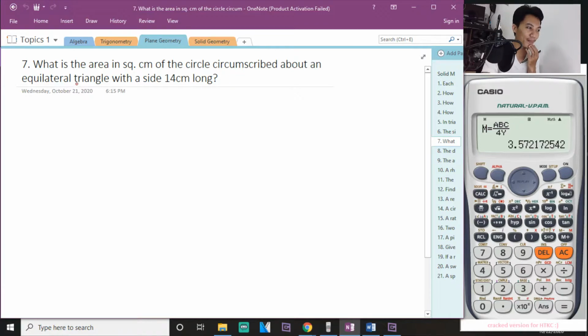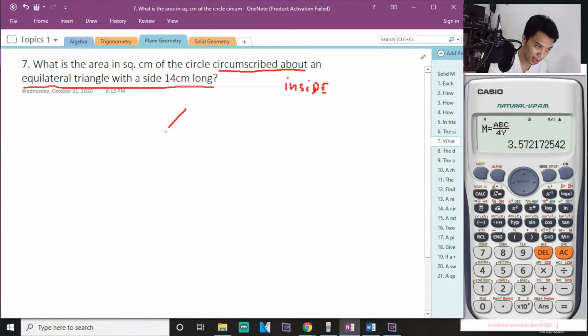Number 7. What is the area in square centimeter of a circle circumscribed about an equilateral triangle with side 14 cm long?